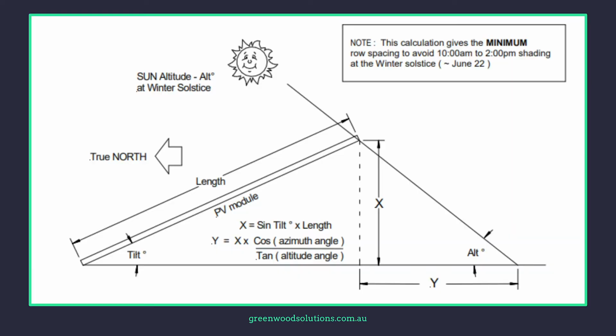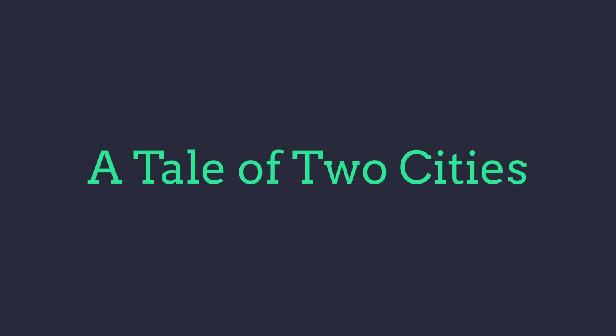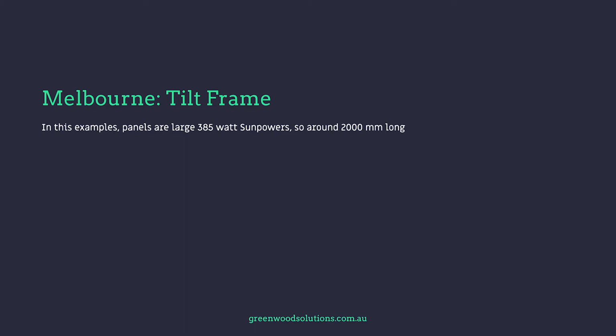As you can see from this diagram, we have a panel tilted at a certain angle, and there is an azimuth altitude angle. We'll be talking about two geographic locations, Melbourne and Brisbane. In both cases, we'll be using the example of a 385 watt SunPower panel that is 2,000 millimeters long, or 2 meters, and it will be inclined at 20 degrees.